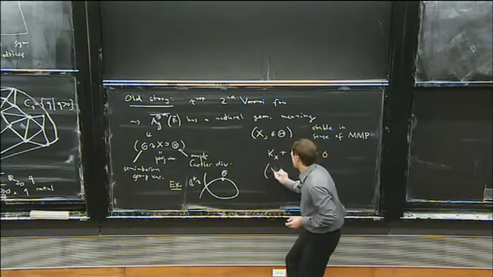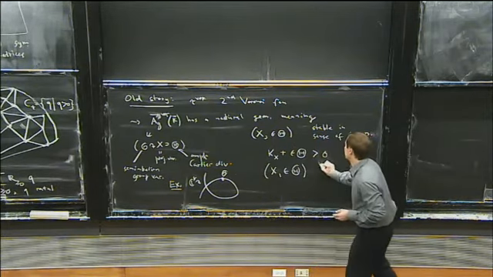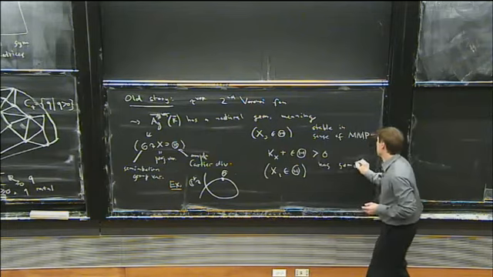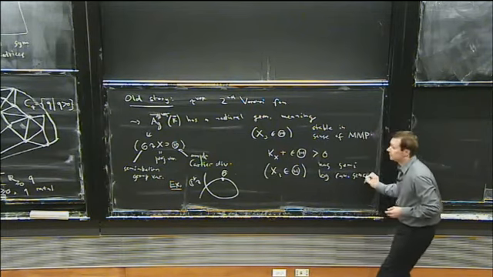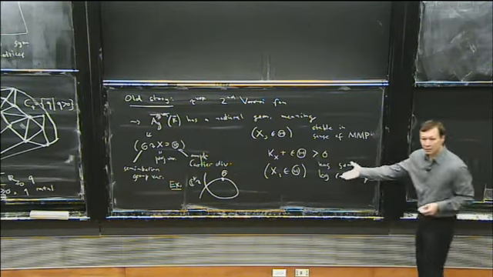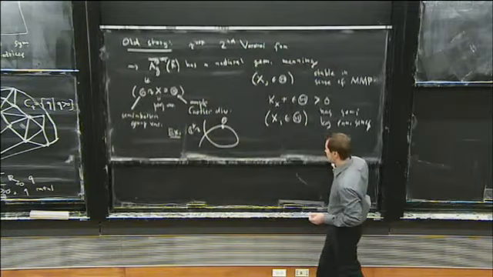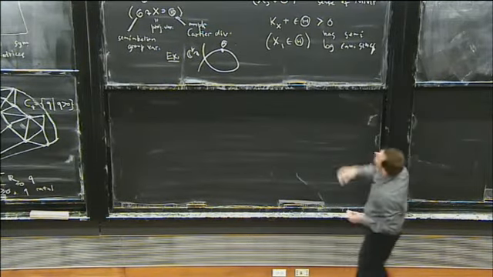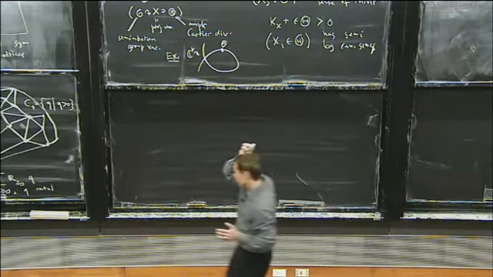And the pair has semi-log canonical singularities. So you should think stable curves here. That's what this is the analog of. So there is already this compactification, one of them.